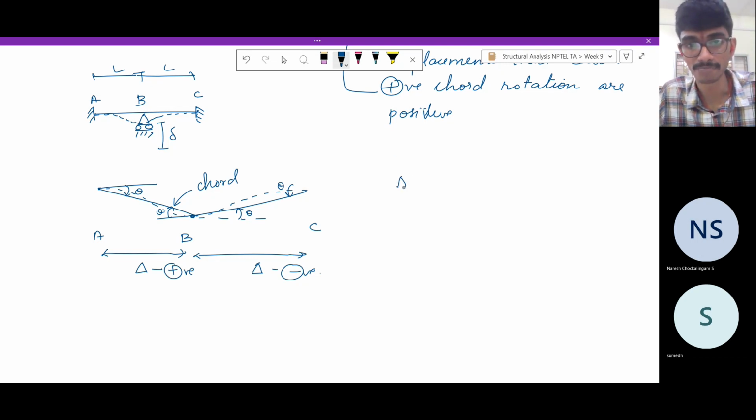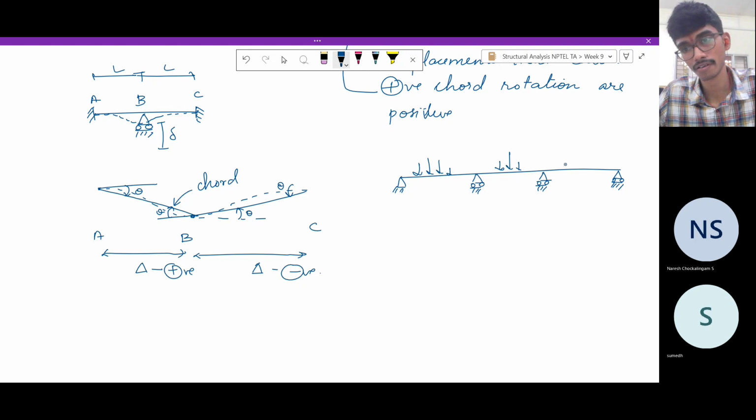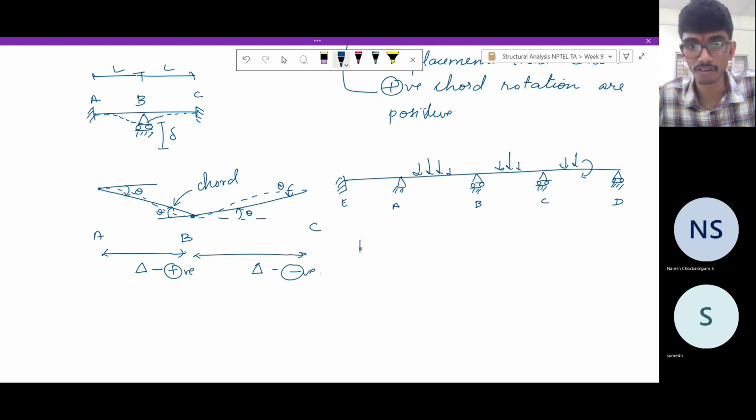If we have a multi-span beam like this, subjected to some loading, I can take span AB. The slope deflection equations are as follows.